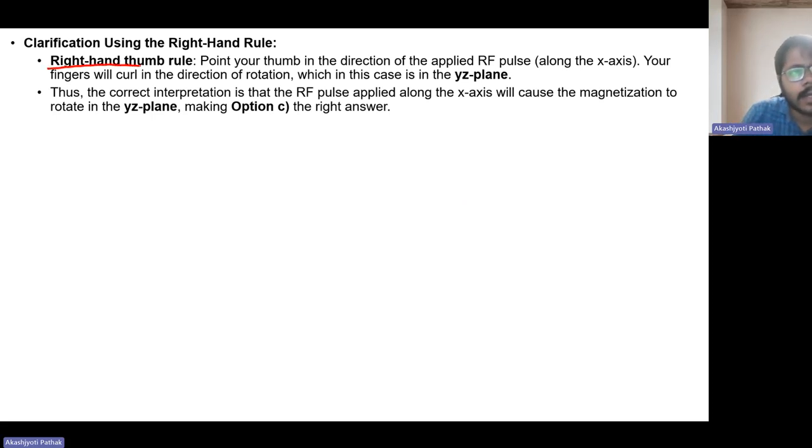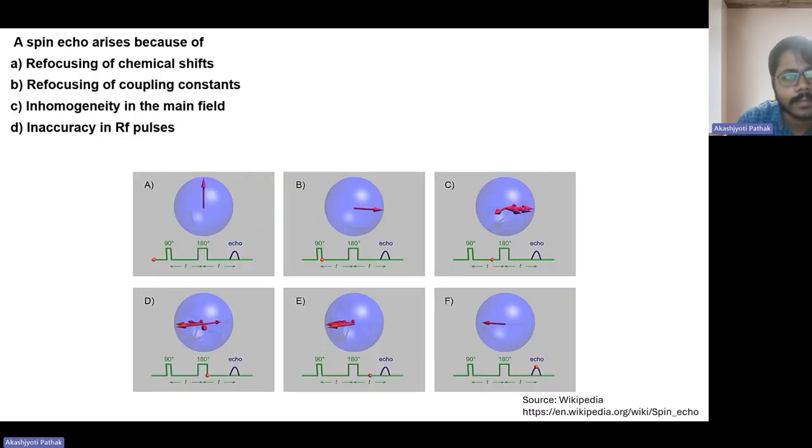I think you have understood the right hand thumb rule that I explained just a few minutes back. So this is wrong. This will be the XY plane. So let's move on to the next question.